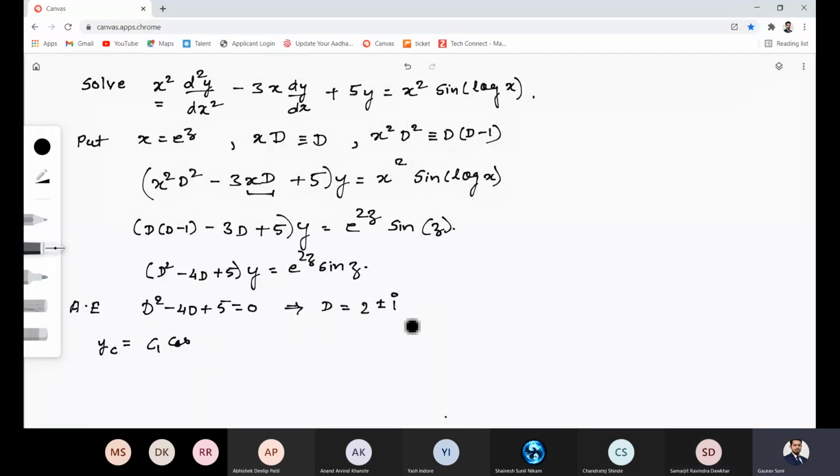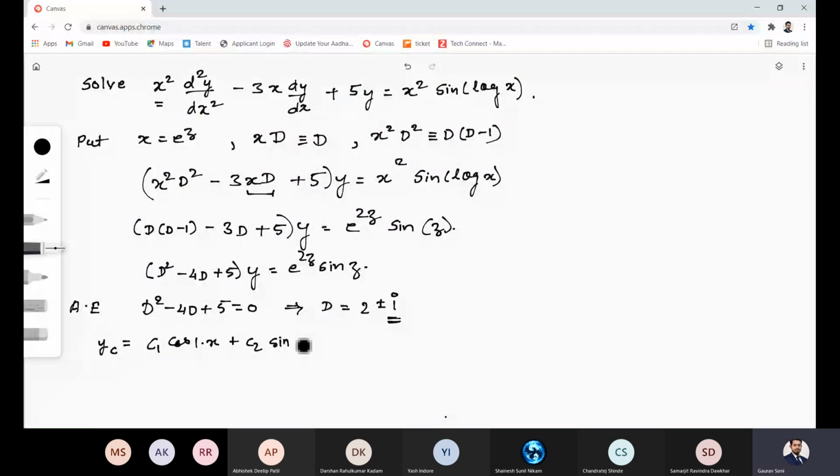Cos and sin come with the imaginary part. What is the coefficient of the imaginary part here? 1. So c1 cos of 1x plus c2 sin 1x, the whole bracket into e raised to 2x.